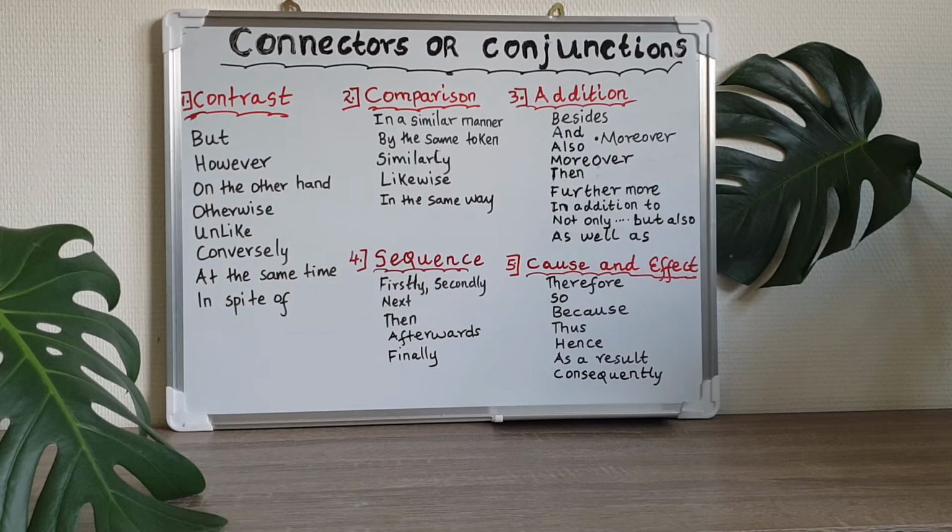Then we have not only, but also. Not only does he play football, but also volleyball. And then we have as well as. Okay? He plays volleyball as well as football.